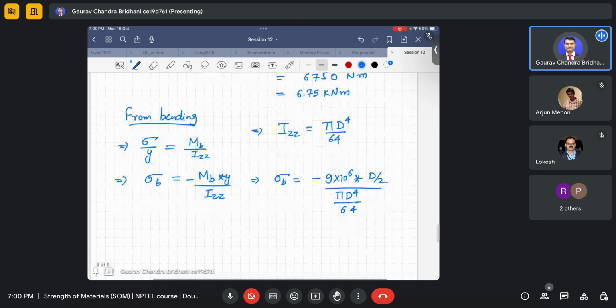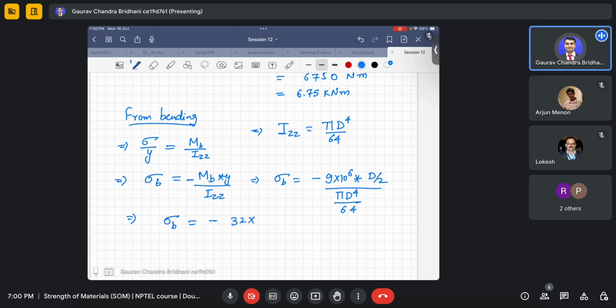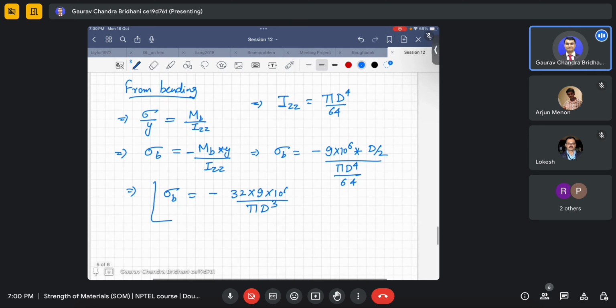So sigma b comes out as minus 32 into 9 into 10 to the power 6 by pi d^3. This is the expression for sigma b. Why is there a negative sign? To show that it is compressive in nature, that's all.